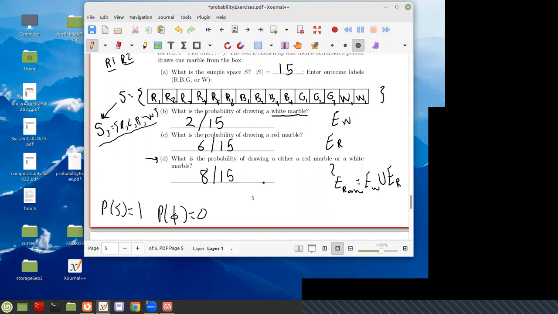It has to be that the probability of a union is equal to the sum of the probabilities of the events, if this is the union of 2 events and there's no intersection between the 2 events, and there isn't, because you can't have drawn a white marble and a red marble. The intersection is empty. So as a result, this answer of 8/15 should equal 2/15 plus 6/15.